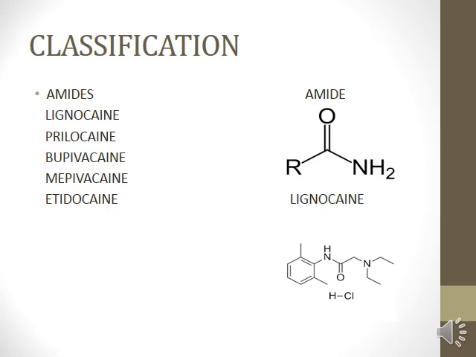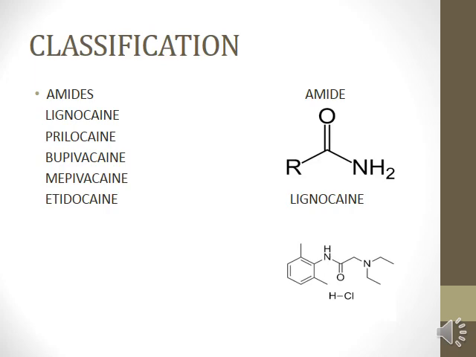The amides include lignocaine, which was the first amide that was discovered, and then prilocaine, bupivacaine, mepivacaine, and tirocaine. All these drugs have an amide structure in their basic composition. Therefore, they are called amides.